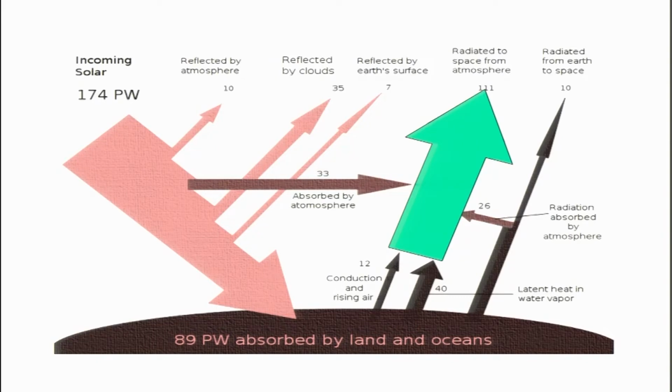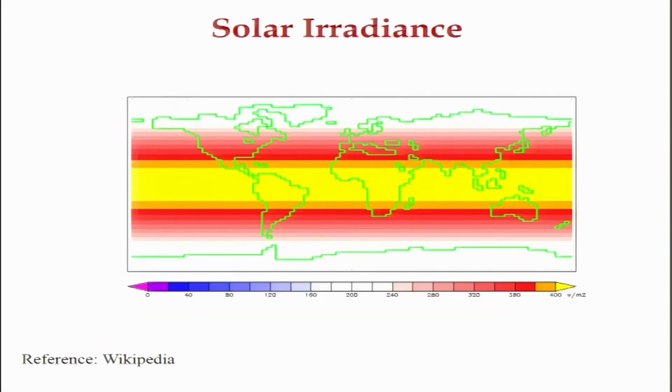So, basically this is the mathematics of the whole energy that comes in and goes out. This is a solar irradiance plot, and it tells you for the whole globe the energy that is incident. You can see that this is India somewhere here, and the most intense band is the yellow band which is about 400 watts per meter square, and if you go to orange, red and so on, the energy reduces.